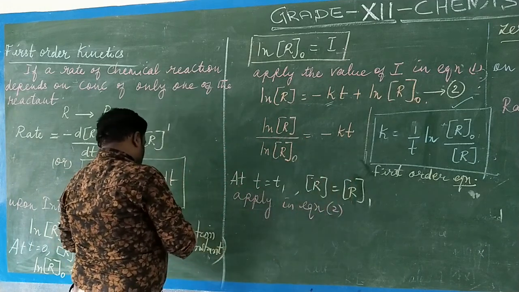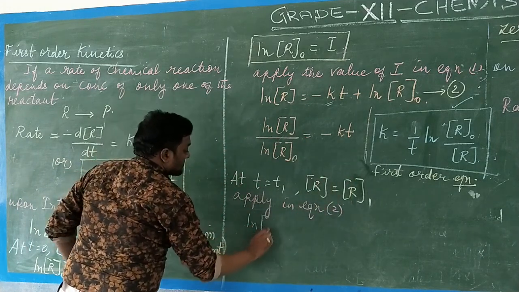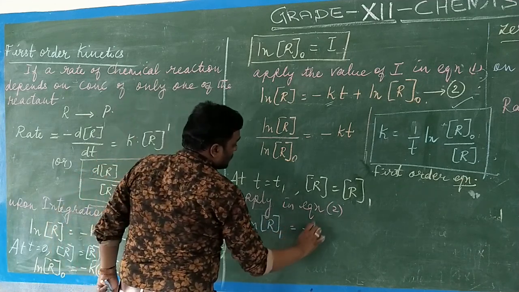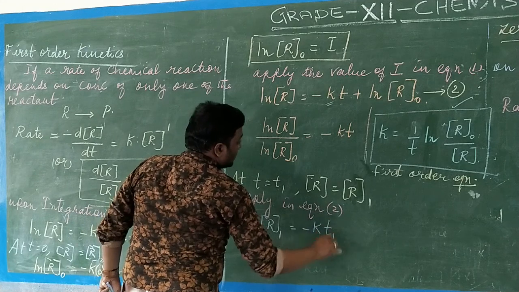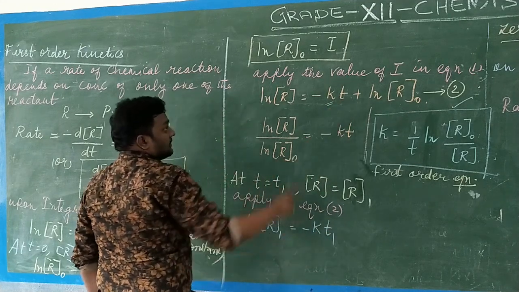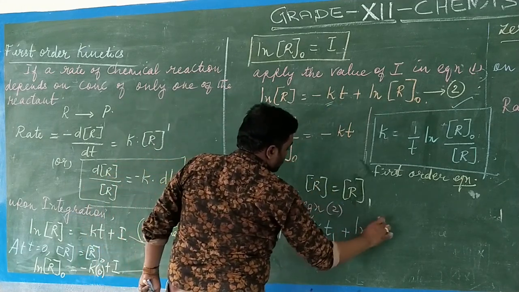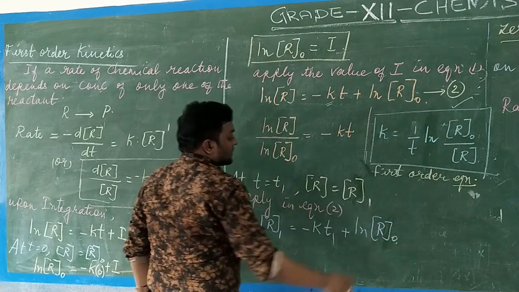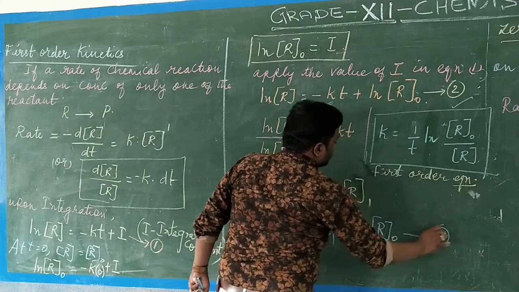Therefore ln of R1 is equal to minus K into T1 plus ln of R naught. This becomes equation number 3.